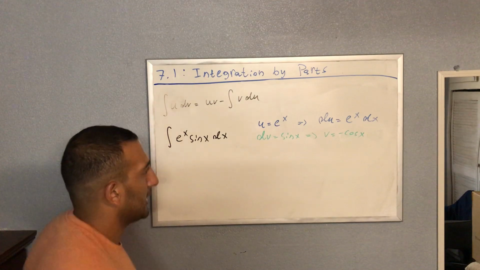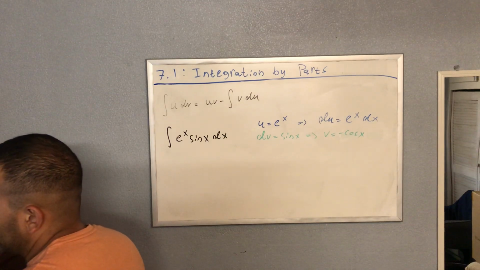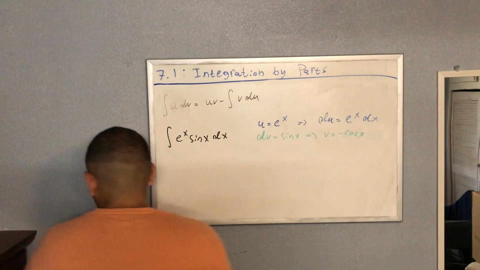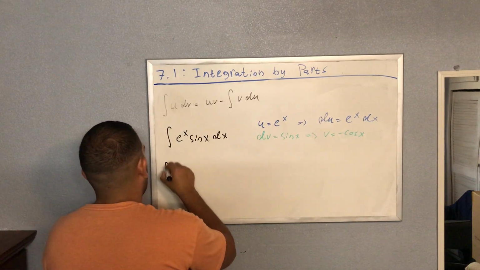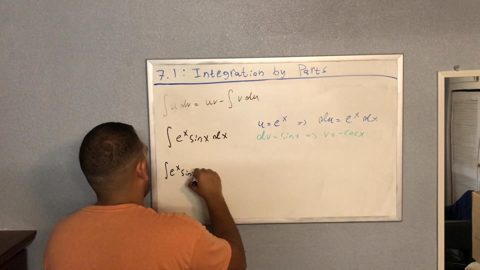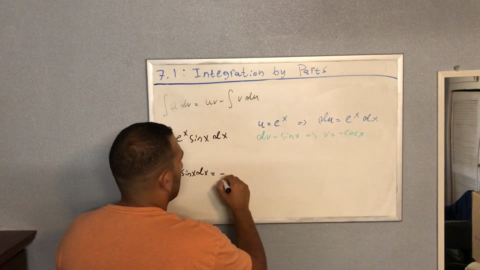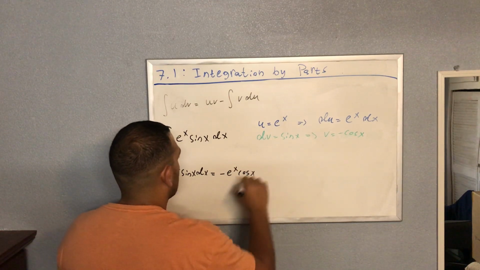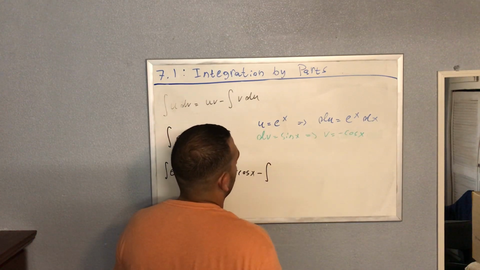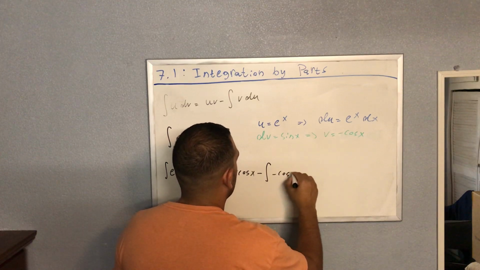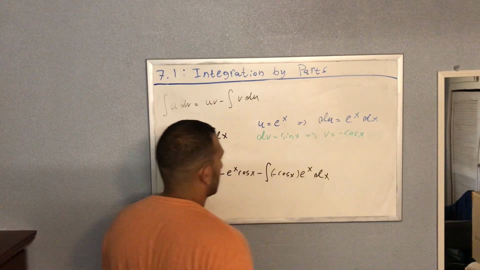Okay, so then, yes, this doesn't look like it's going to help much, but just hang with me for a second. And once you see this trick once, you'll know to do it again. It'll be in the back of your head. So the integration by parts formula would tell me that this, what we started with, is u times v, so negative e to the x cosine of x, now minus the integral of v, negative cosine x, times du, e to the x dx.